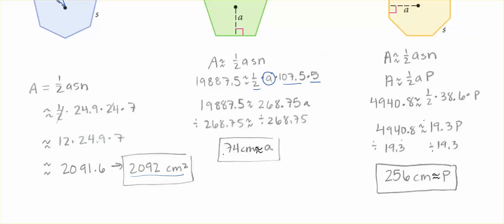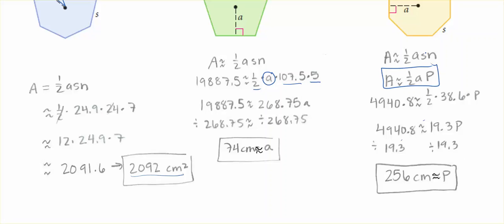For the third problem, we were looking for perimeter. Now, this can be done in a couple different ways. You can solve for the missing variable, which would, in this case, be s, and then use s times n to figure out the perimeter. Or I would encourage you to go the more efficient route and use the second formula for area of a regular polygon, which is 1/2 the length of the apothem times perimeter.